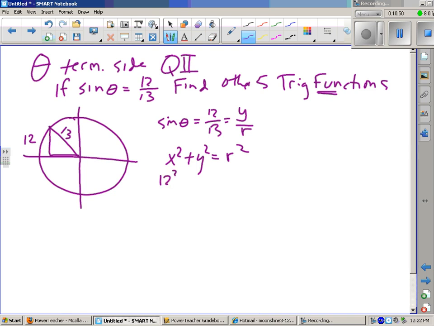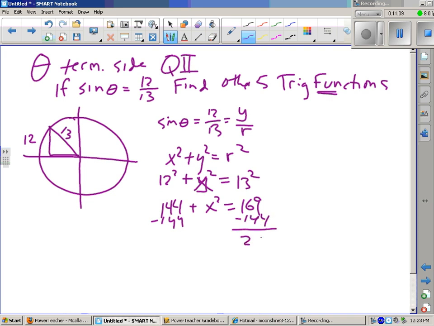So 12 squared plus X squared equals 13 squared. So 144 plus X squared equals 169. Subtract. You get 25. So X equals plus or minus 5.